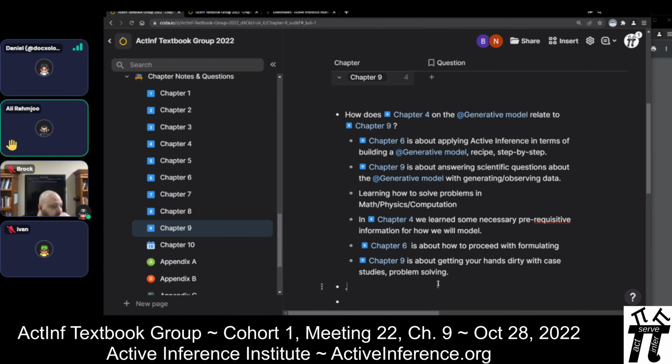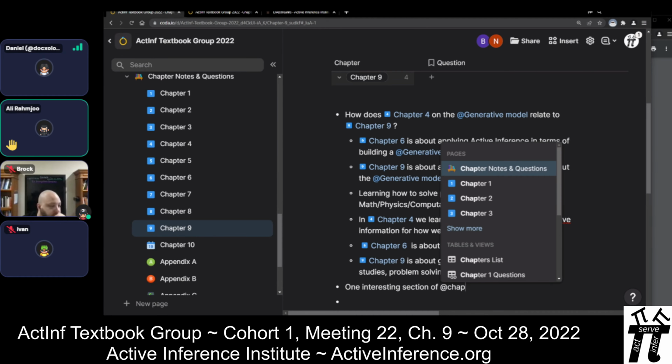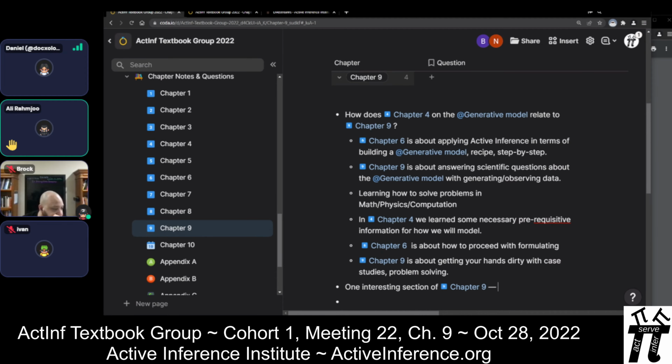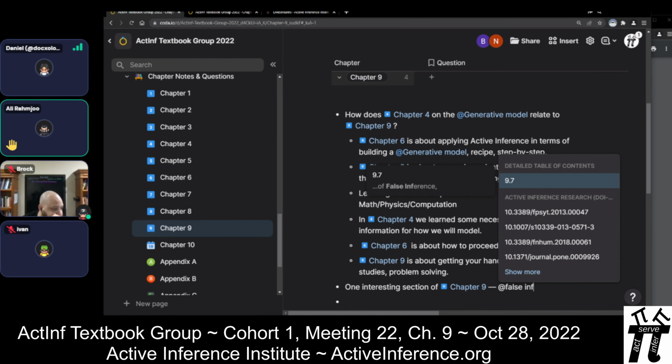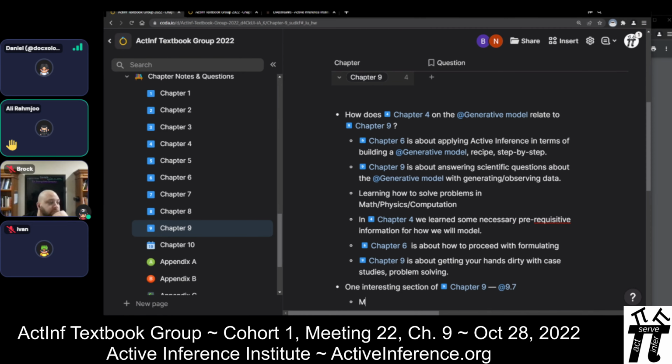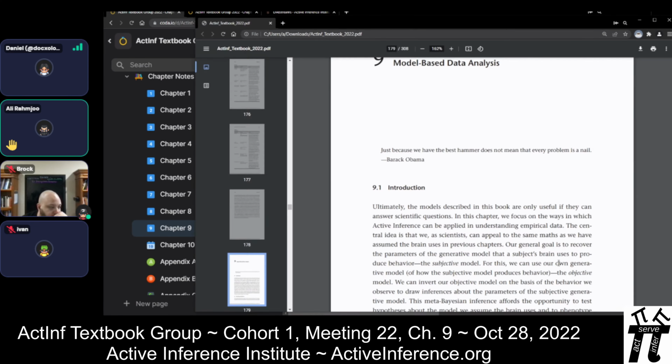And also one, in my opinion, very interesting section of chapter 9 is the section on models of false inference, section 9.7, in which there's an interesting definition of the mental disorders, and how we can actually computationally model those different disorders.